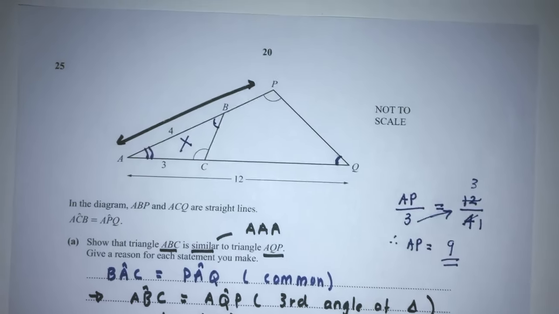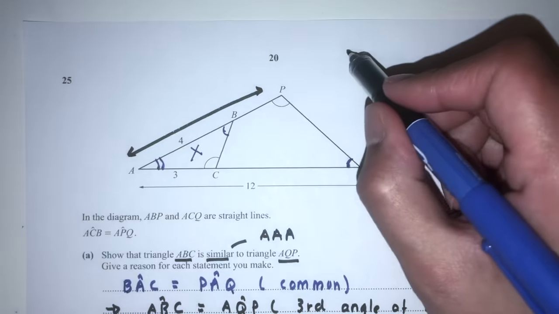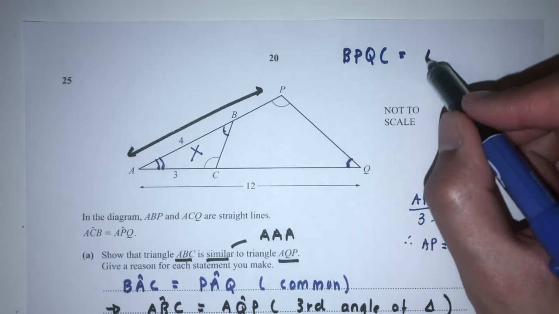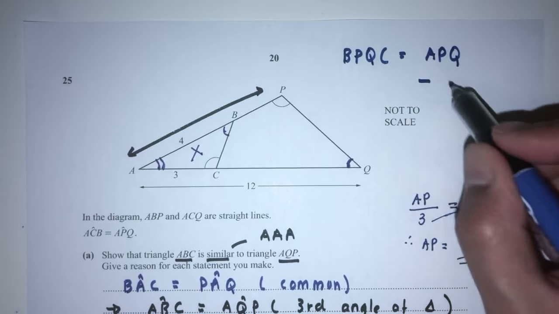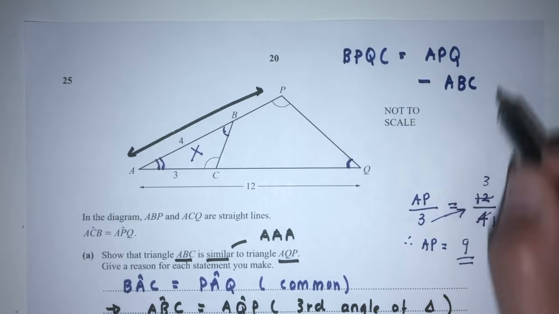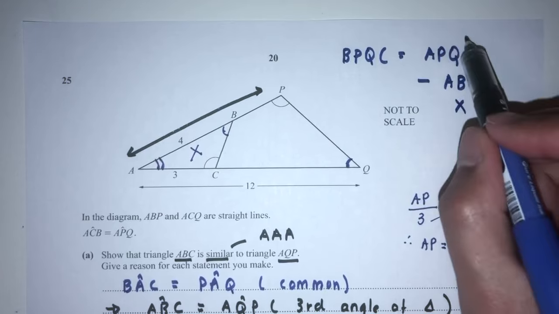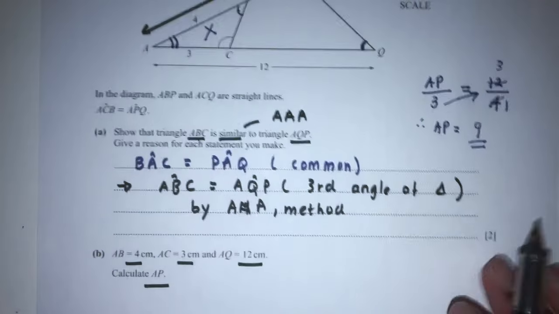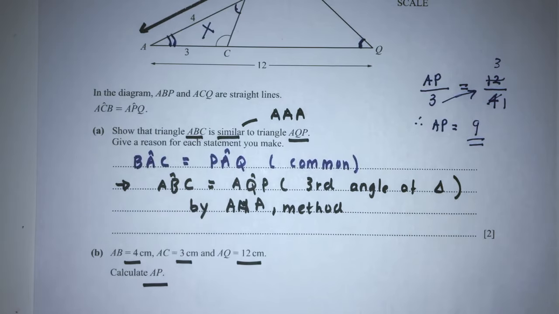The logic behind this is that the area of BPQC is equal to the area of APQ minus the area of ABC. We know ABC is x, but we have to find APQ. How can you find the area of APQ? We have to use the fact that they are similar.